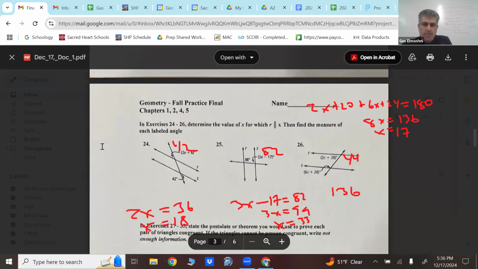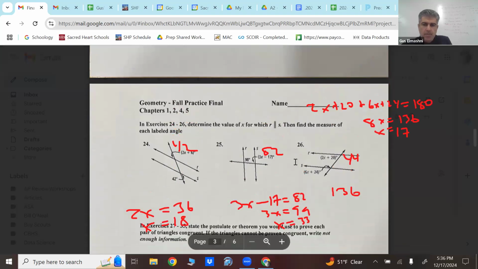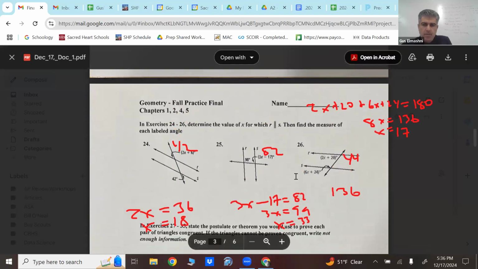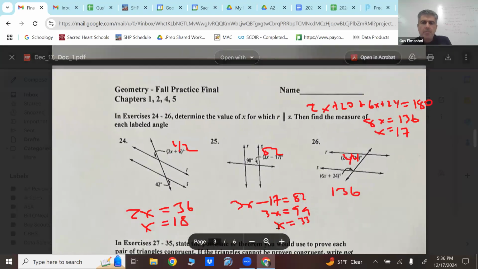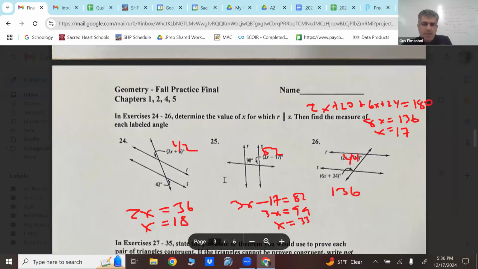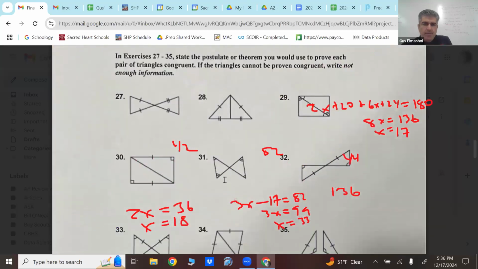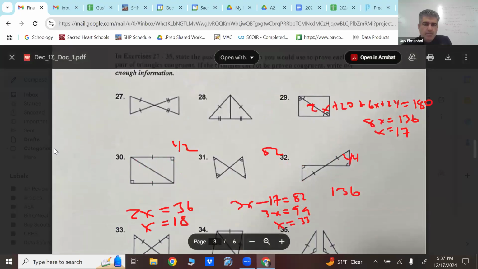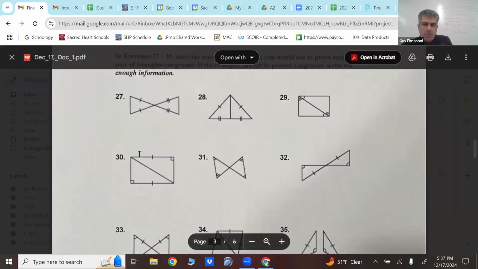Okay, so let's go back to what your mom sent. All right, let's keep moving. So remember we have five, I think, different ways.